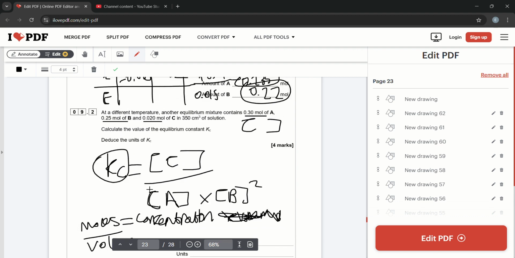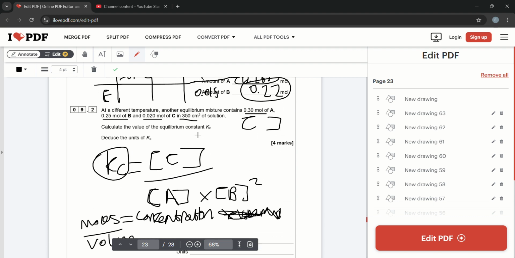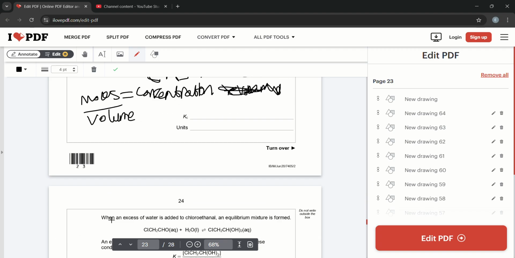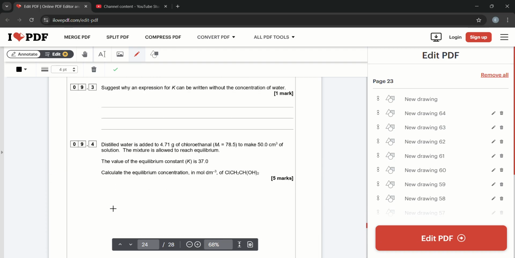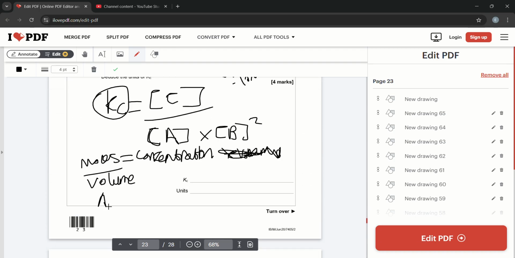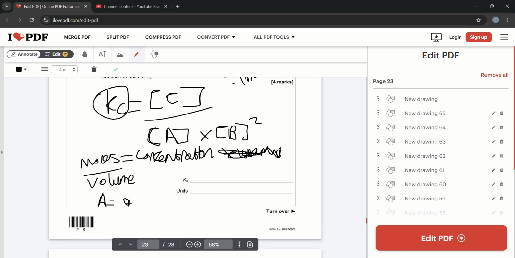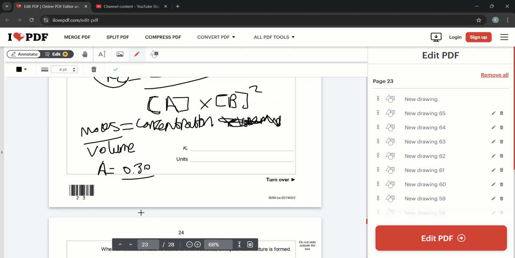So in this case, we want the concentration in moles per dm minus cube, so we're going to divide by 1000. So the concentration of A is going to be 0.30 divided by 0.350, that is 350 divided by 1000.